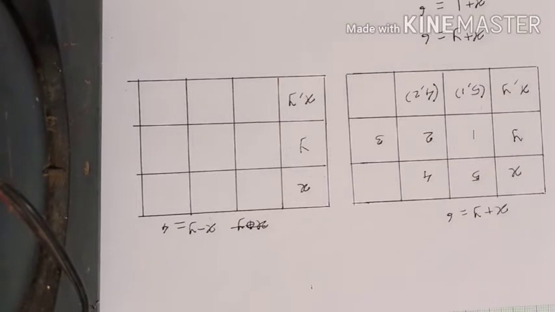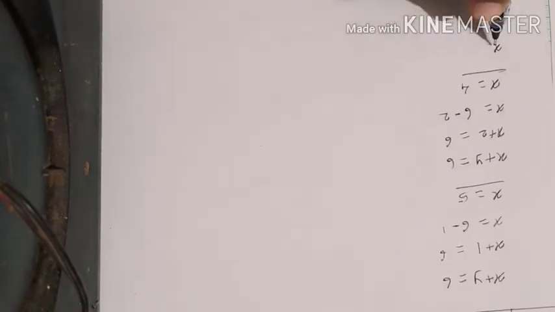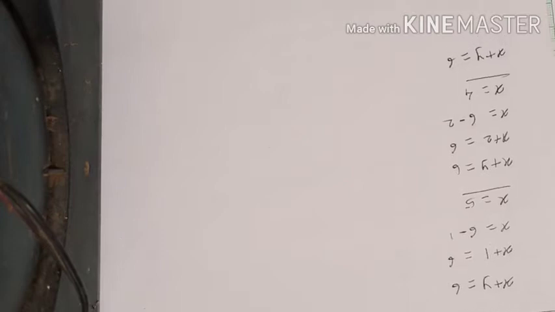Now, come to the equation. The equation is x plus y is equal to 6, and the value of y we have to put is 3 here. Therefore, x plus 3 is equal to 6, and x is equal to 6, and plus 3 becomes minus 3.